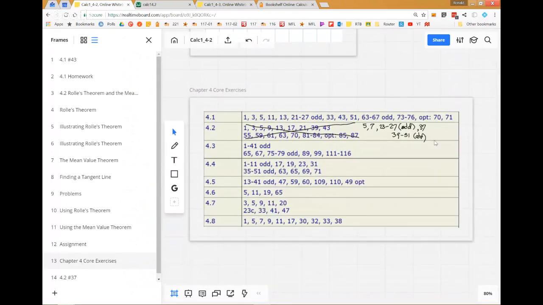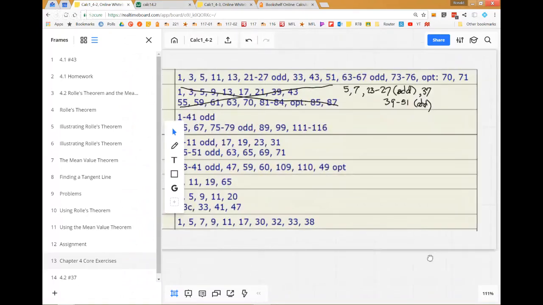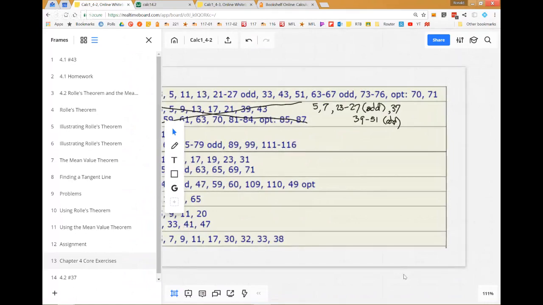You should probably write it down right now, what I wrote in black there: number 5, number 7, the odds from 23 to 27, number 37, and the odds from 39 to 51. So a totally different assignment than what was in the exercises.